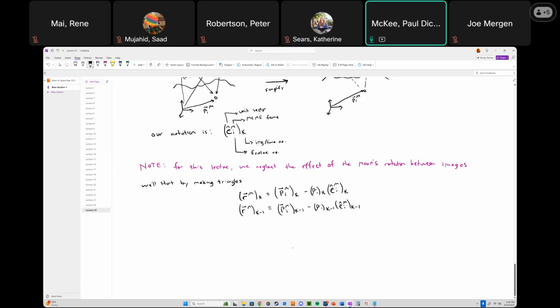Okay, so point P, if we haven't made this clear already, is some landmark that we can ID, correlate between images.